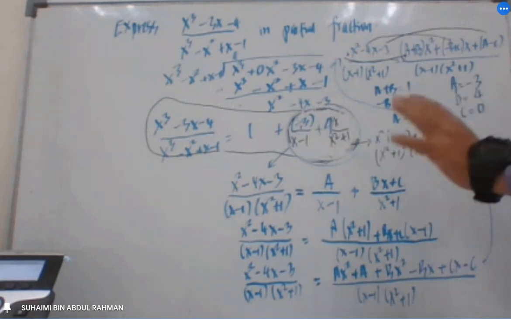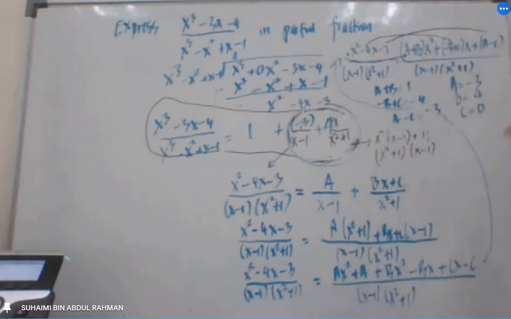And then do partial fractions. The last one is to find the values of A, B, and C and substitute back. Do not forget number 1.